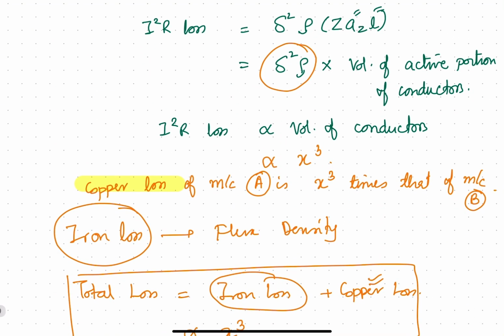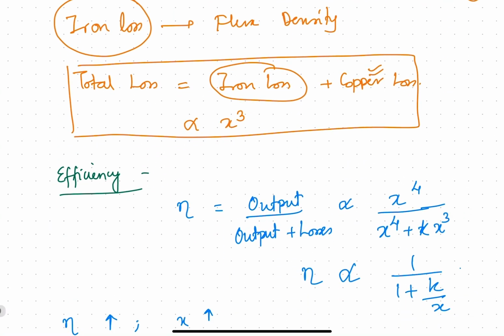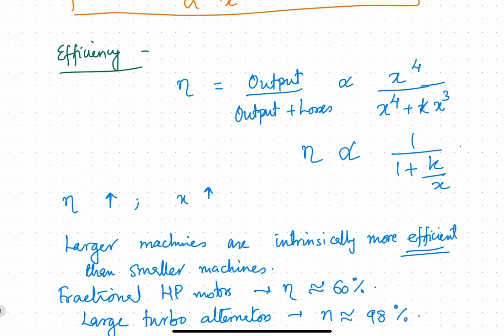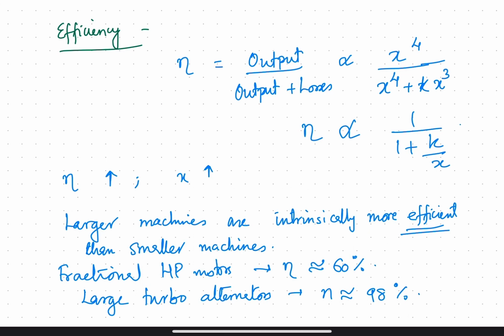The losses are x to the power 3 times that of the other machine, and we can deduce that the efficiency is higher for the machine having larger dimensions. And we also mentioned that fractional horsepower motors are about 60% efficient, and in contrast, the large turbo alternators have an efficiency of around 98%.